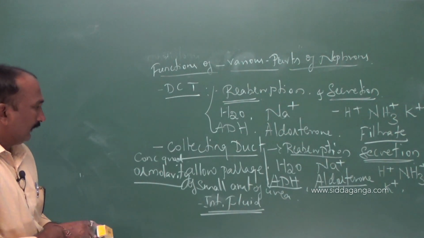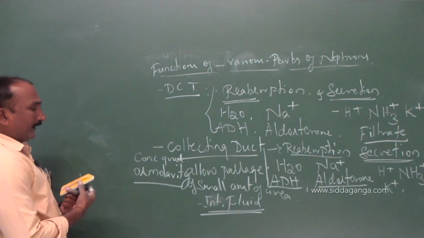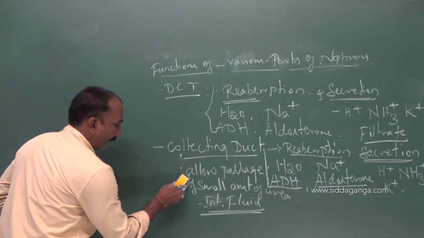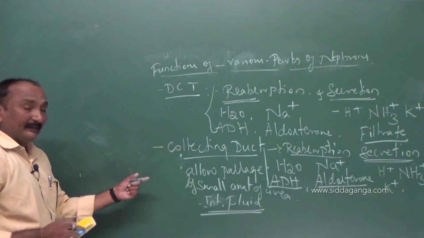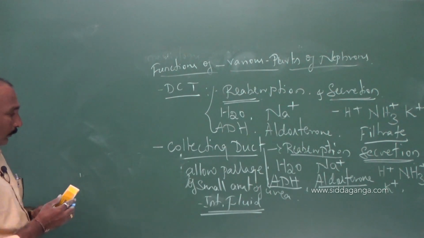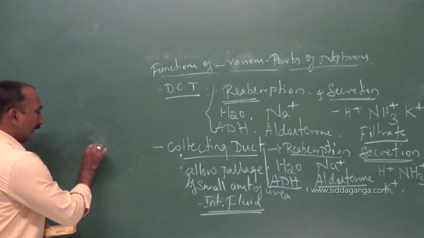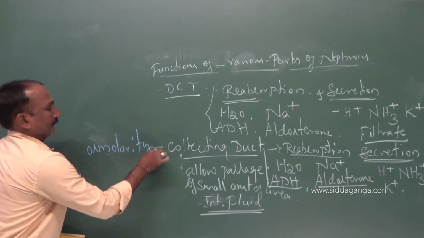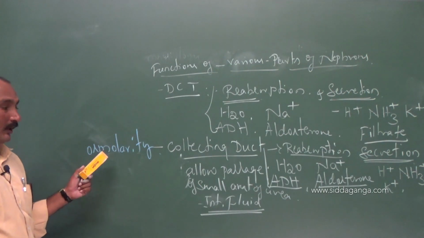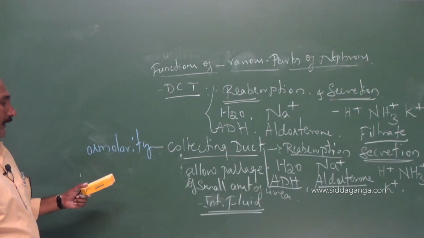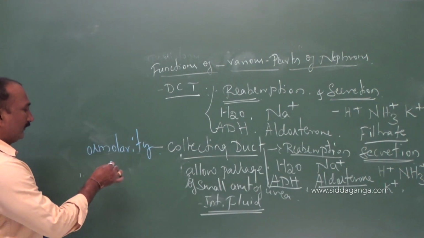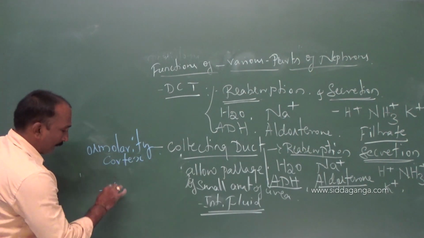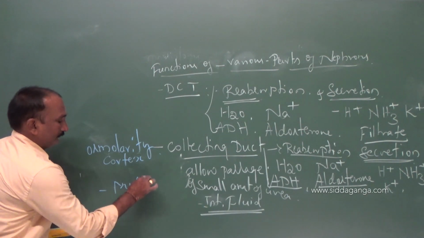So the collecting duct allows the passage of a small amount of urea into the interstitial fluid only to maintain osmolarity, that is the osmotic concentration from cortex to the medulla.